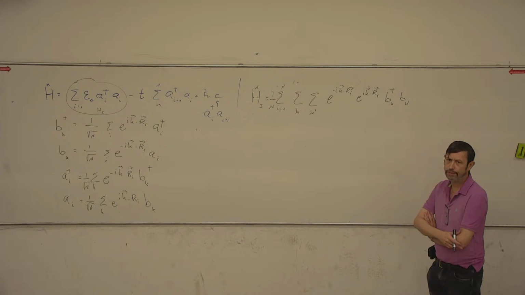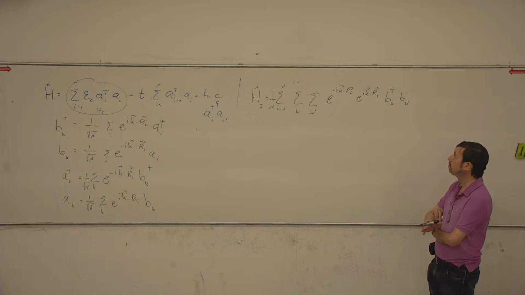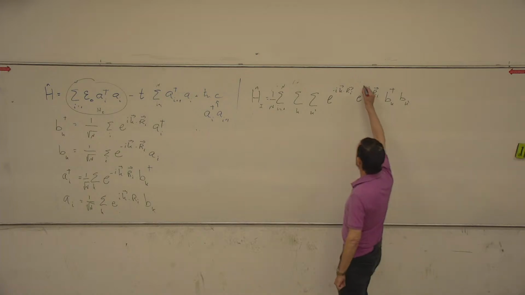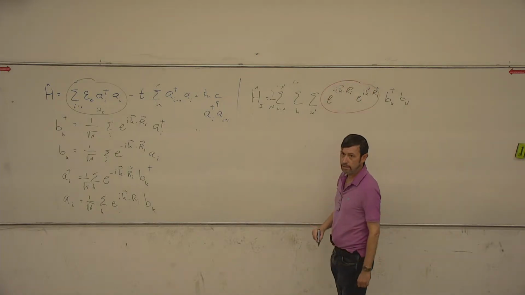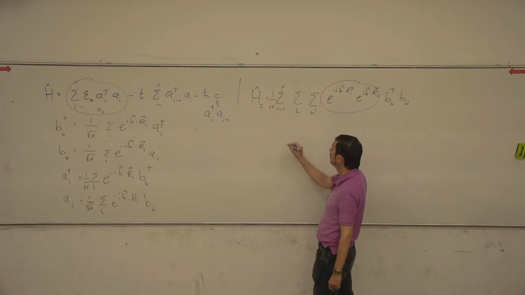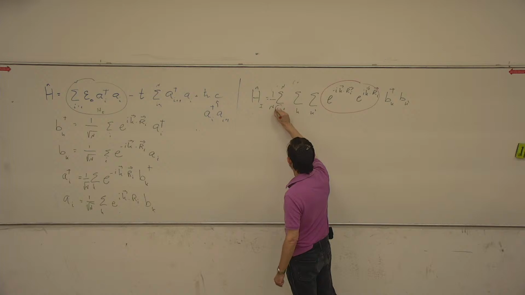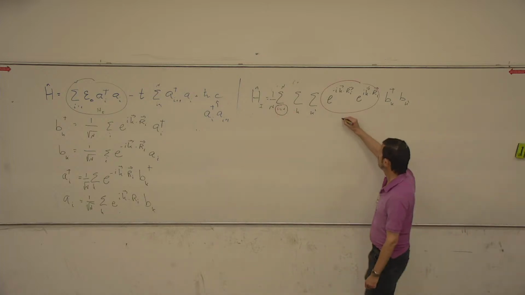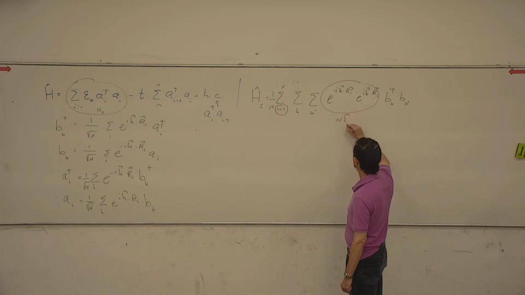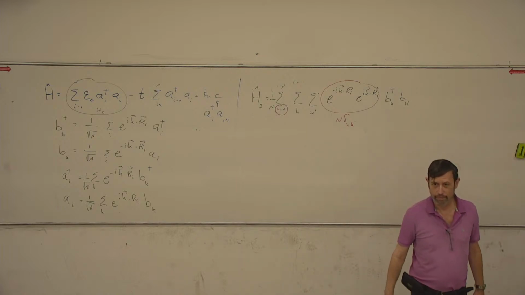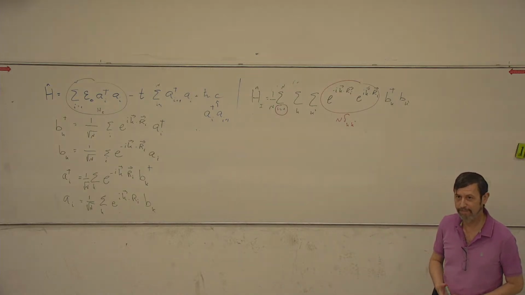Where do I have something that depends on I? Only these guys, right? Nothing else here depends on I. Kronecker's delta.